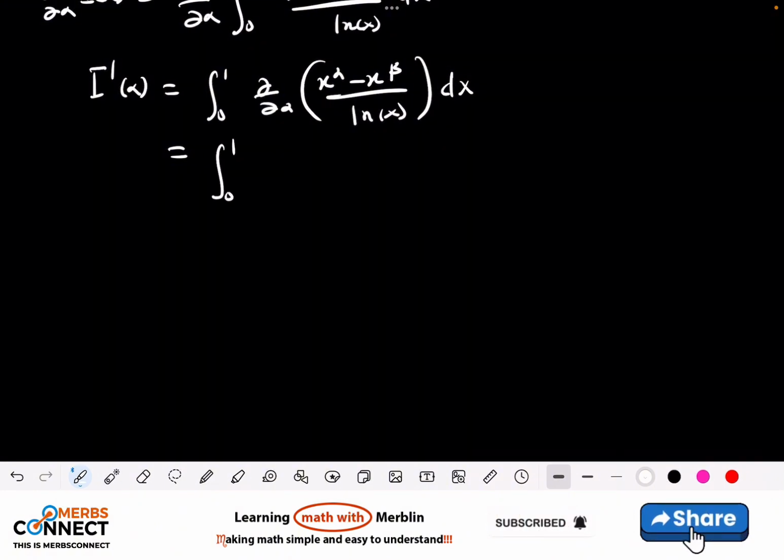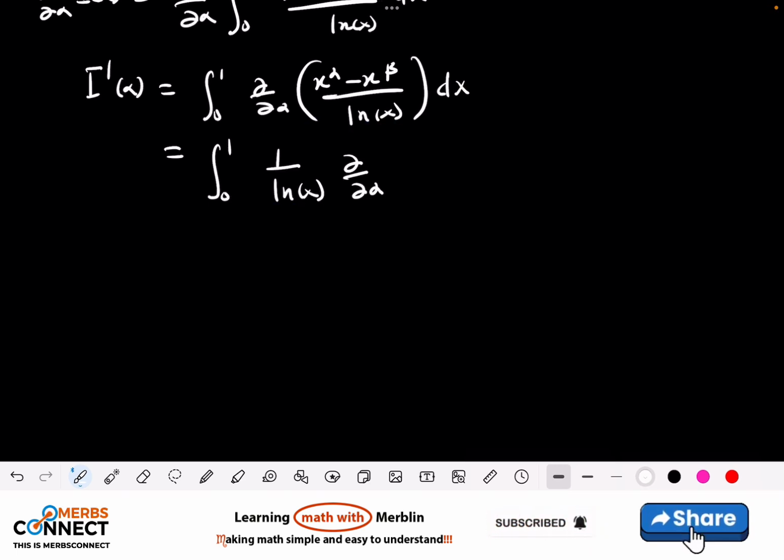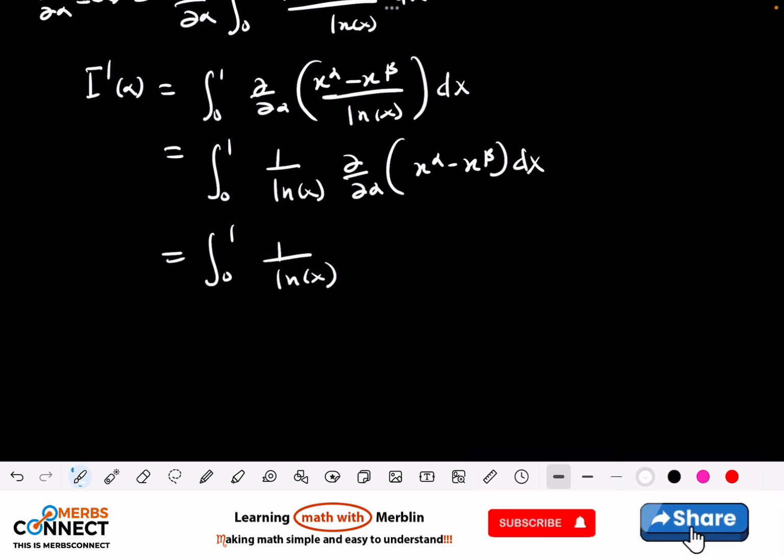Now this can be written as, so as you can see, we can take this one out. We take the partial with respect to alpha of x to the power alpha minus x to the power beta, dx, right? So this is going to give us 1 over ln x, then with respect to alpha.